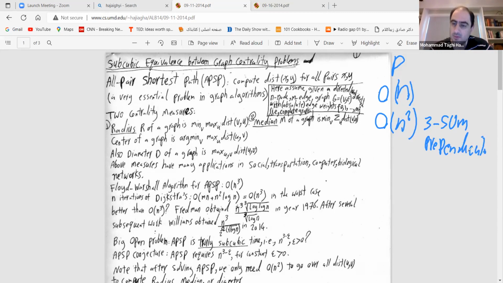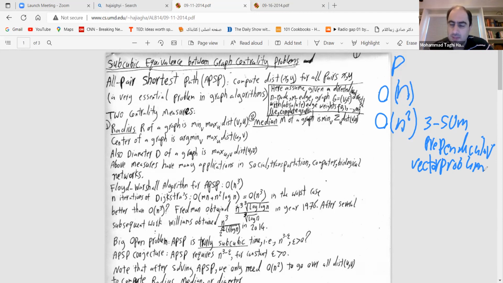These are the two famous problems where there is an N square algorithm, and we don't know whether there exists anything better.